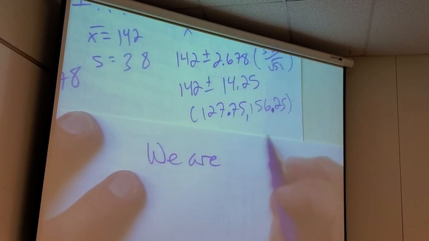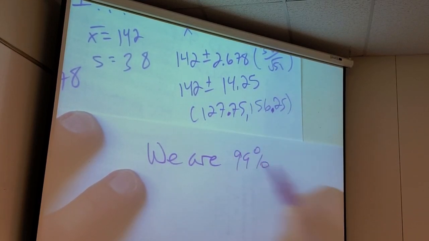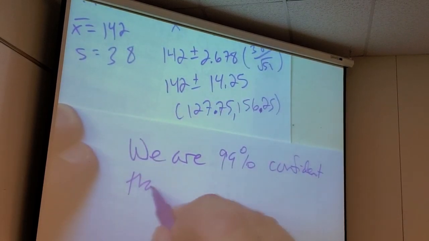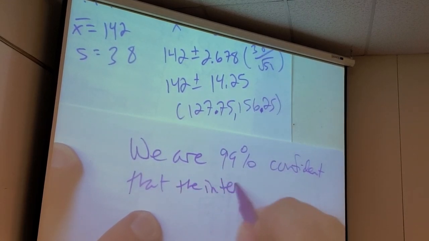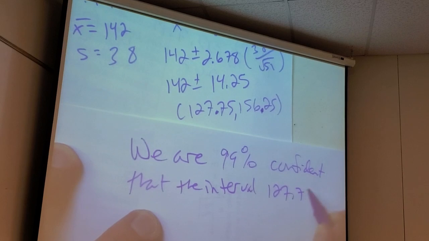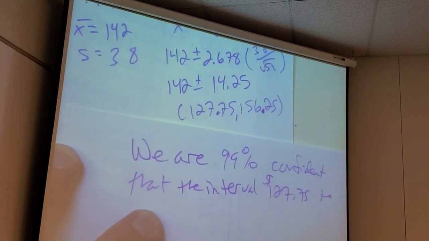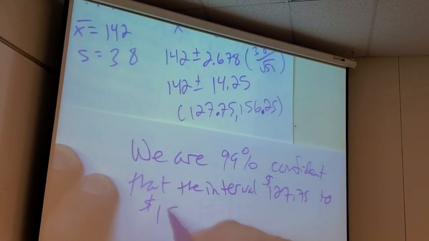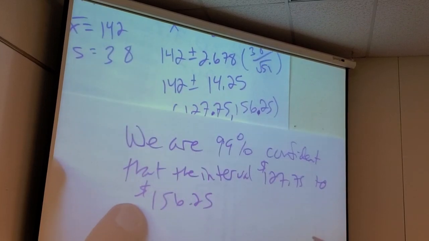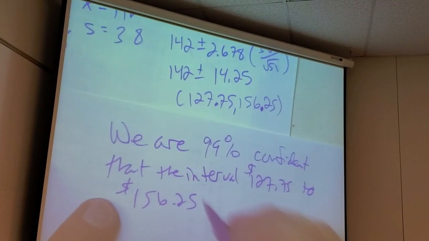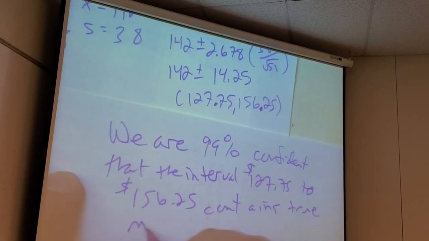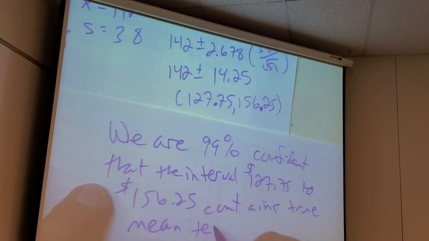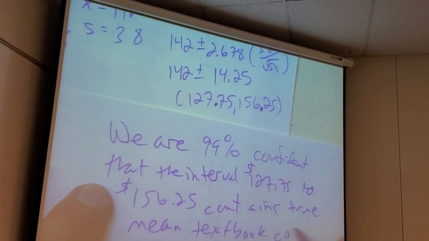We are 99% confident that what? The interval, $156.25 to $177.75, contains the true mean, or you can say population mean, textbook cost. Okay.